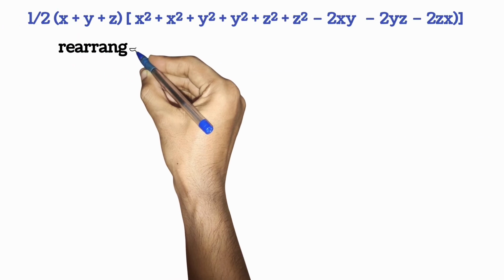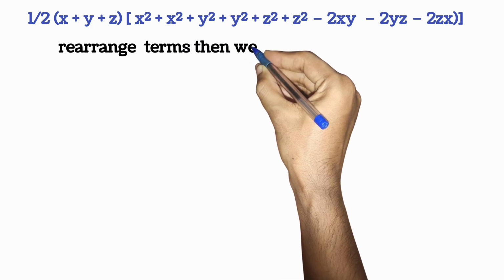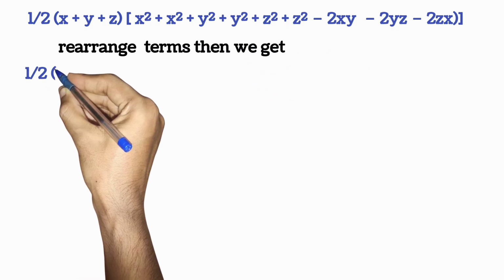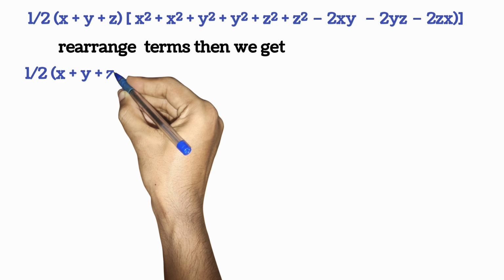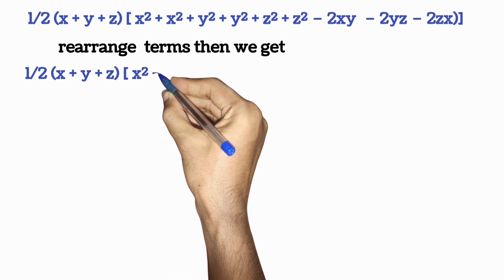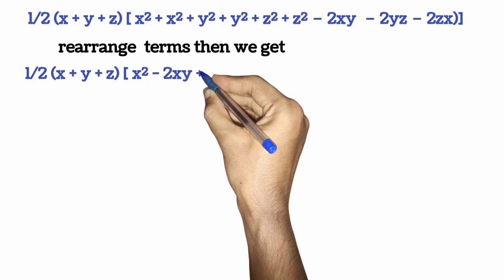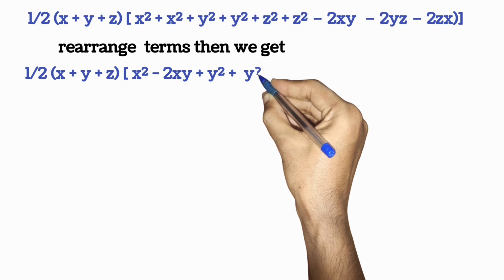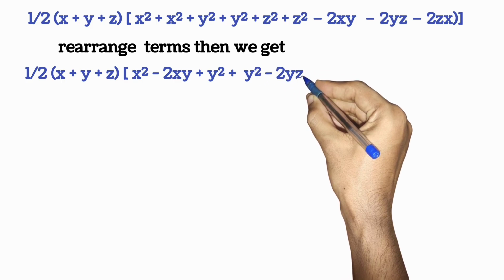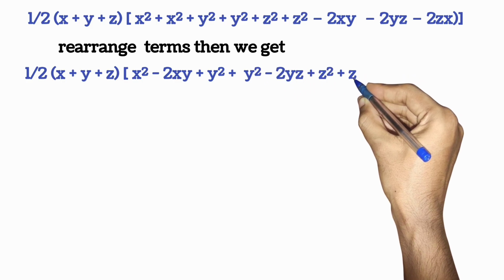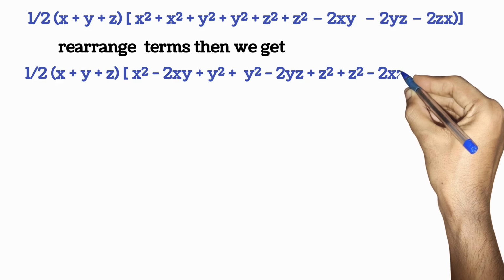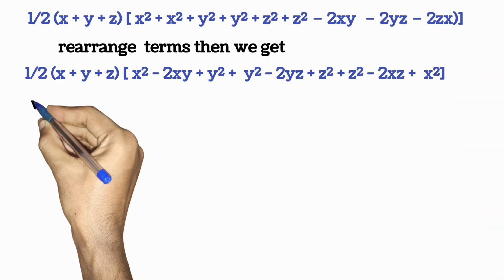Now we will rearrange terms. Then we get 1/2 (x + y + z)(x² − 2xy + y² + y² − 2yz + z² + z² − 2xz + x²).